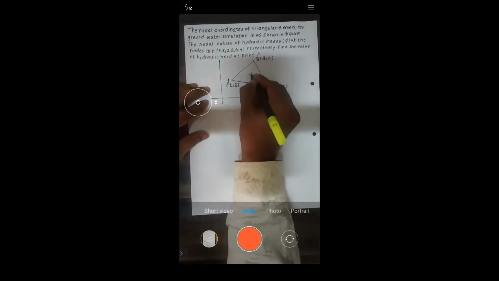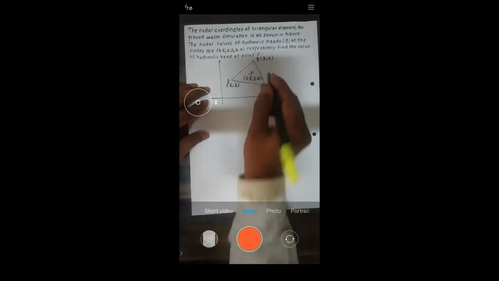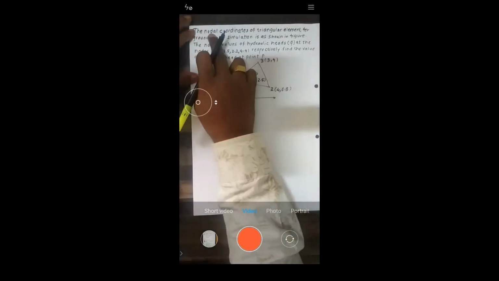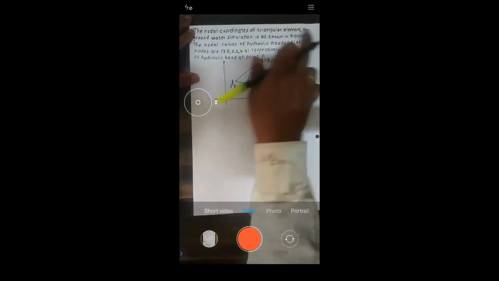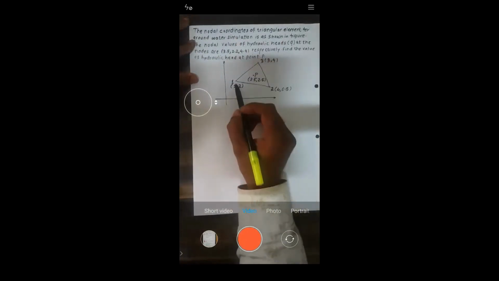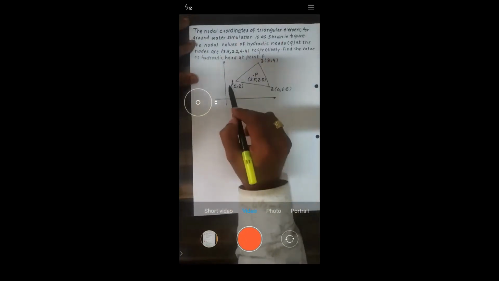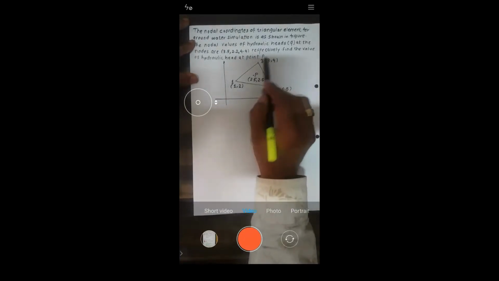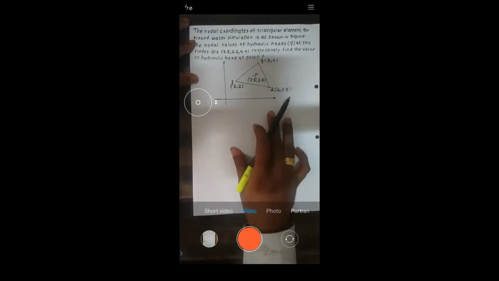And they have given one interior point P where the coordinates are 2.5, 2.5. Okay, is it clear with the problem? See, the nodal coordinates of triangular element for the groundwater simulation is as shown in figure. If you see this triangular element, there are three nodes and they have mentioned the x and y coordinates of every node, right?